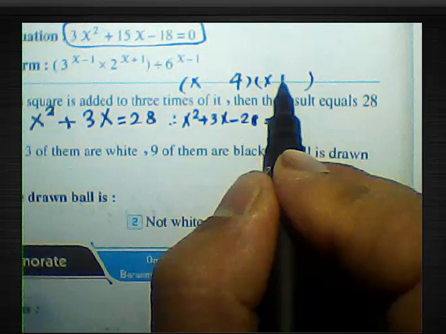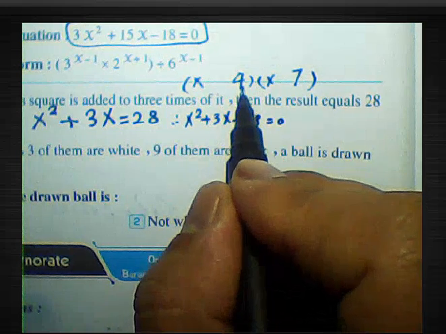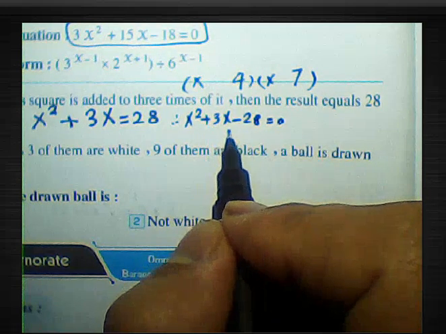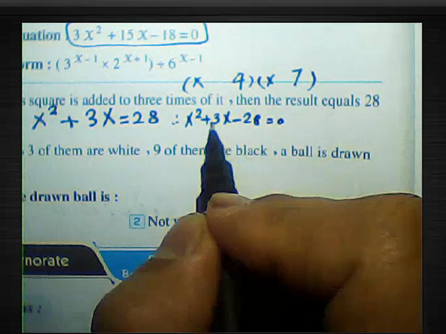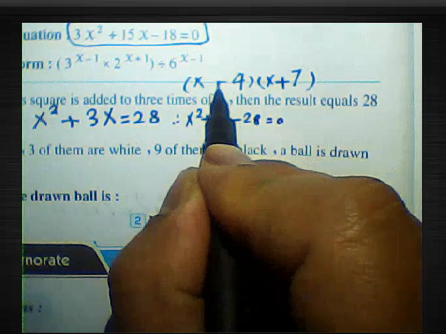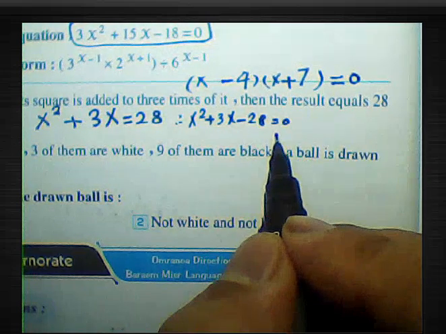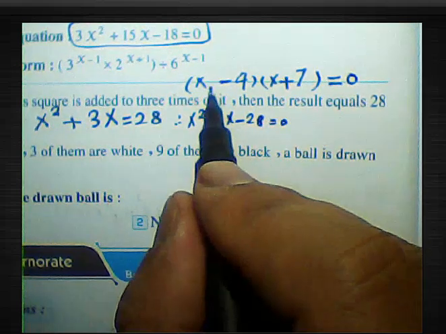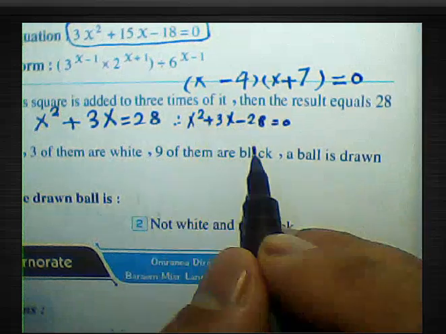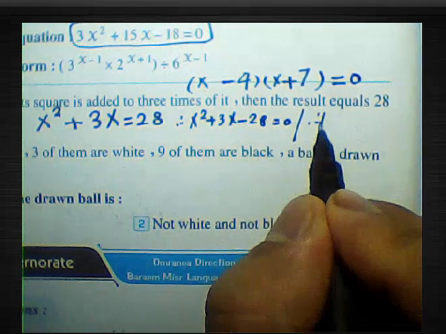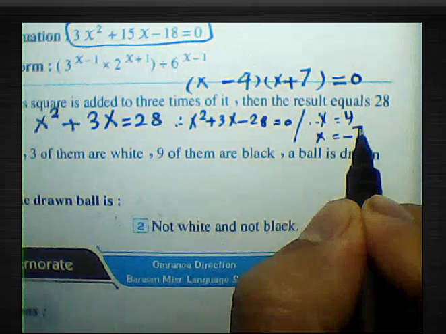We know 4 times 7 equals 28, and the difference between 7 and 4 equals 3. The signs here will be different. The greatest number will be positive and the other negative. The result will be equal to 0. And then x minus 4 equals 0, so x equals 4. Then x equals 4 or x equals negative 7.